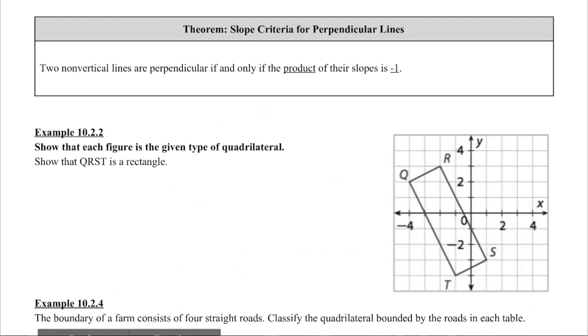I believe there are a couple of ways to do this. Number one, you could show that it's a parallelogram with one right angle, or you could show that it has four right angles.